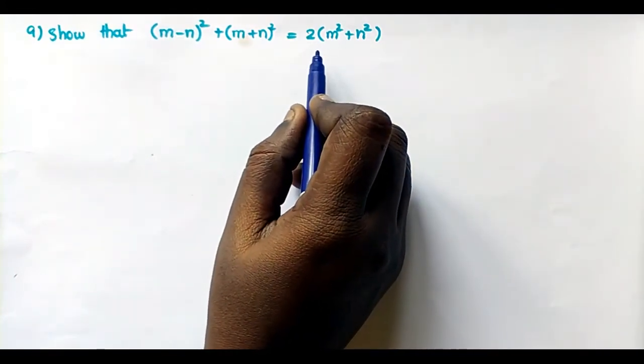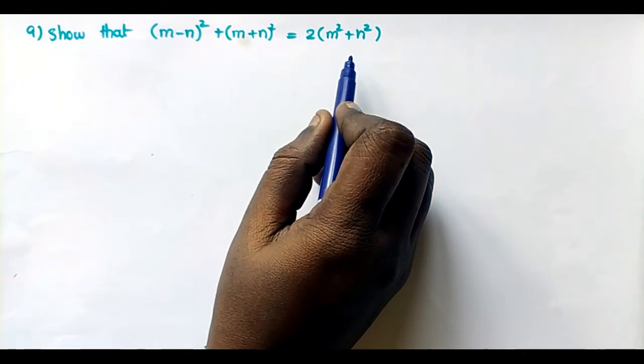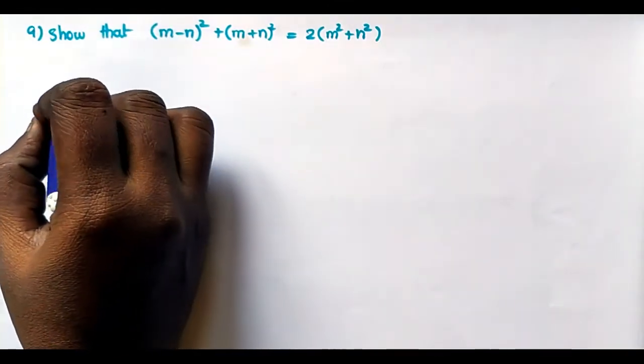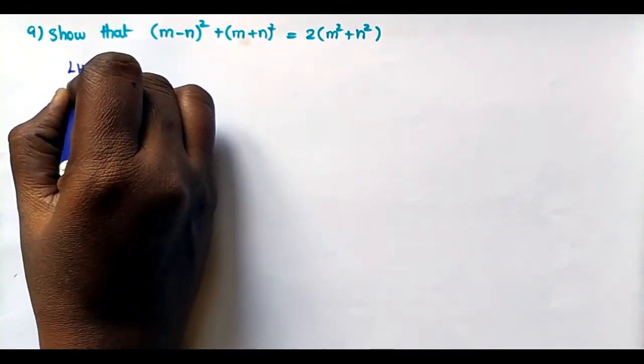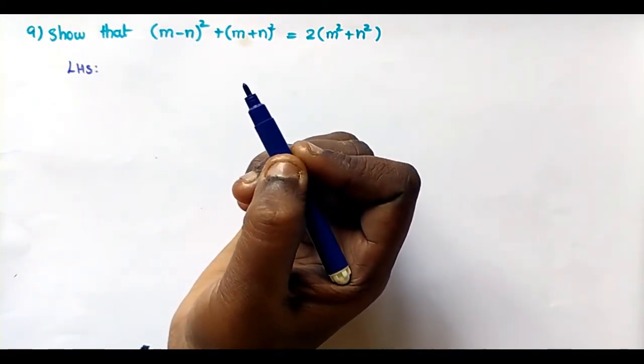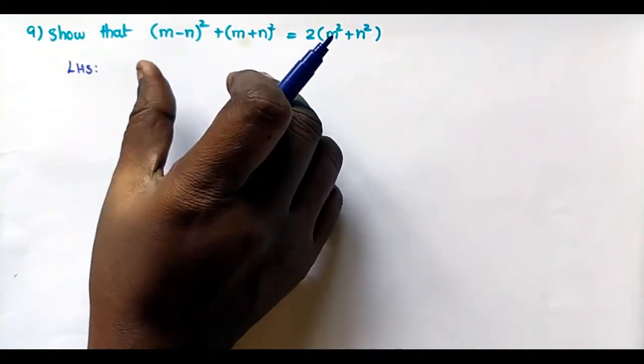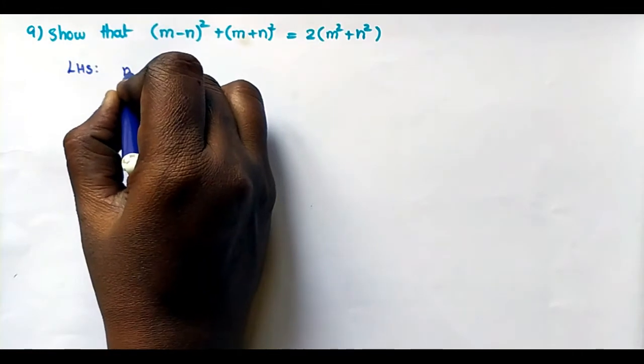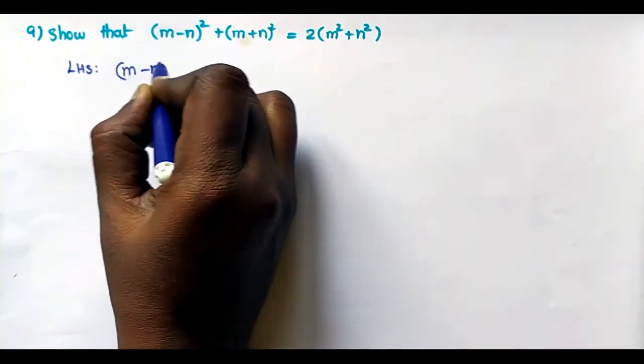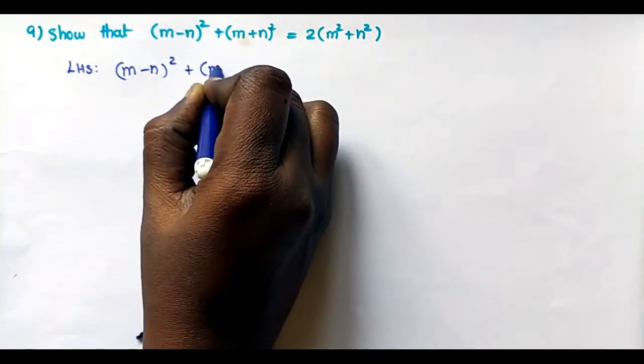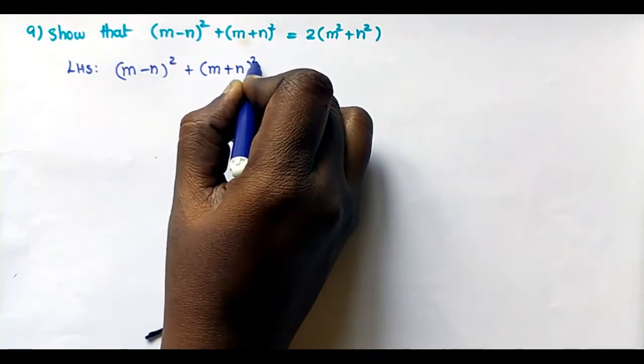Ninth sum, show that m minus n whole squared plus m plus n whole squared equal to 2 into m squared plus n squared. Listen, first LHS. LHS means left hand side, write that: m minus n whole squared plus m plus n whole squared.